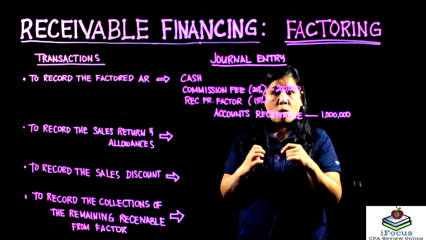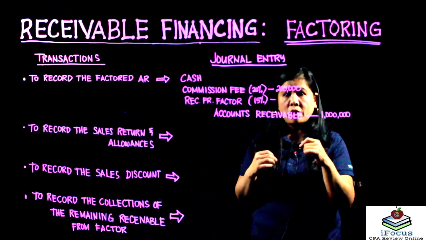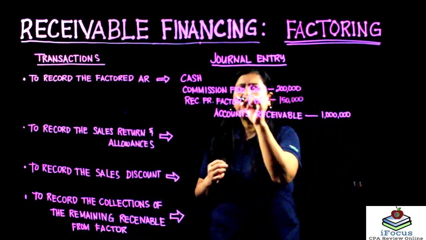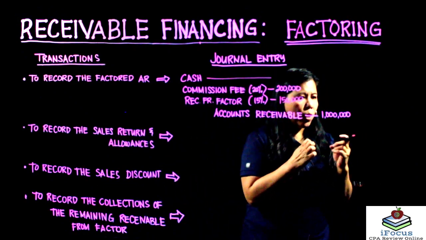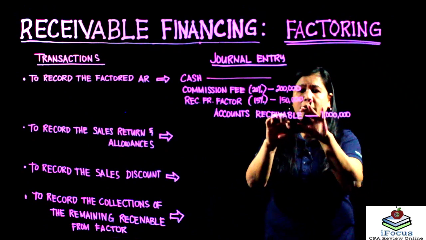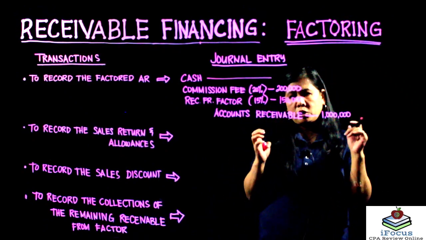meaning it's 150,000. Therefore, the cash proceeds that we receive from the factor is 1 million less 150,000 less 200,000 of commission fee.